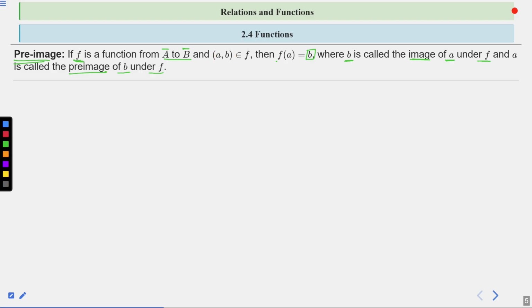So if you try to see in this ordered pair, a is your preimage and b is your image. Simple. b is your image of a, and a is your preimage of b. So you must know about these two terms: what do we mean by preimage? What do we mean by image? That's it.